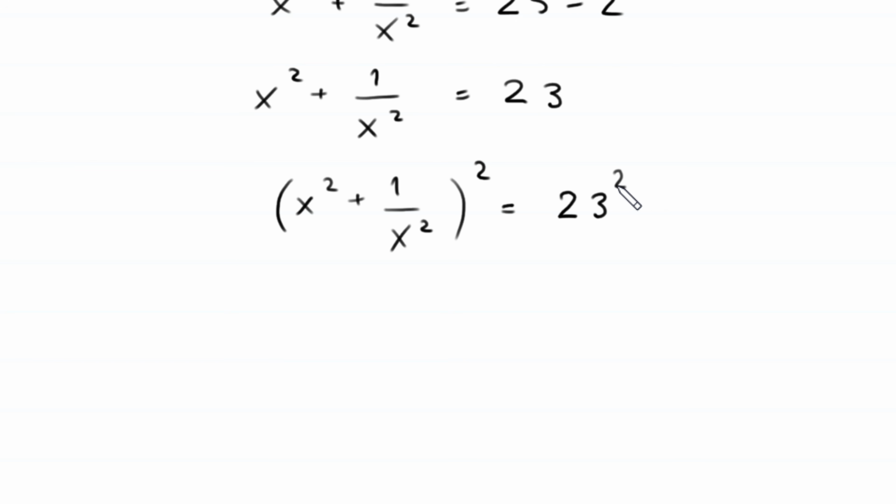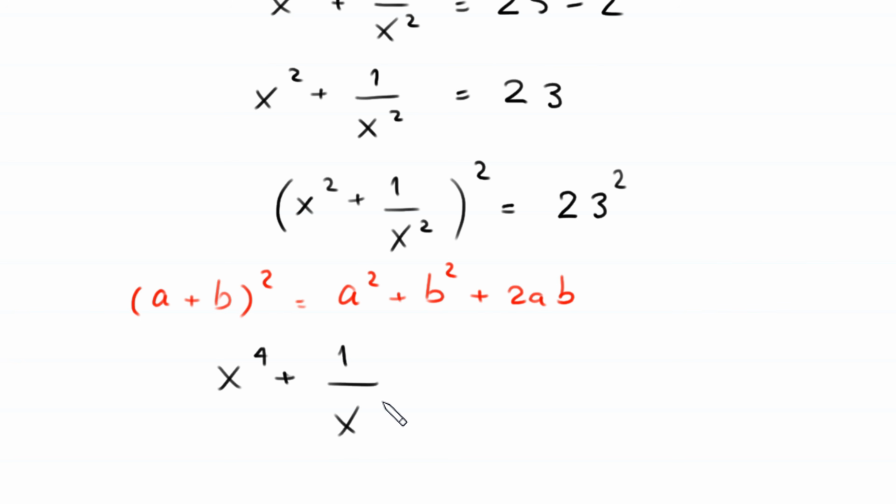Again, by using this algebraic identity, a plus b whole squared is equal to a squared plus b squared plus 2ab, the left hand side will become x to the power 4 plus 1 over x to the power 4 plus 2 times x squared times 1 over x squared, equal to 23 squared, which is 529.